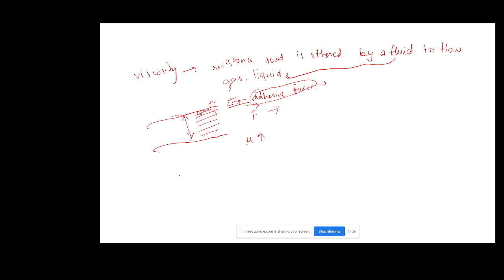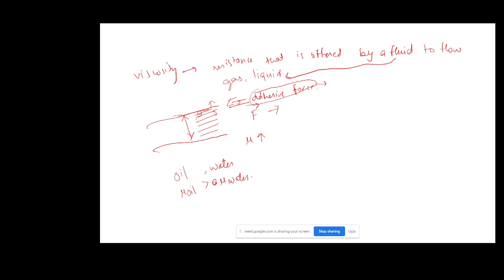Now, if we take the example of oil and water, oil, as you have seen, has more viscosity. Water flows very freely because its layers are not that much stuck together by adhesive force, and that is why if we just shake it, it will flow.